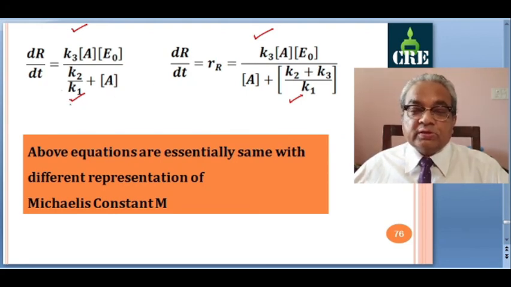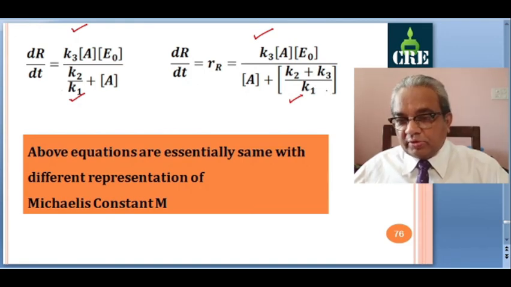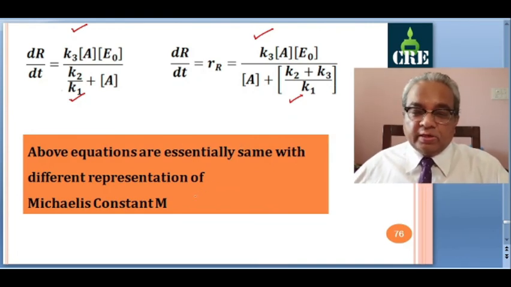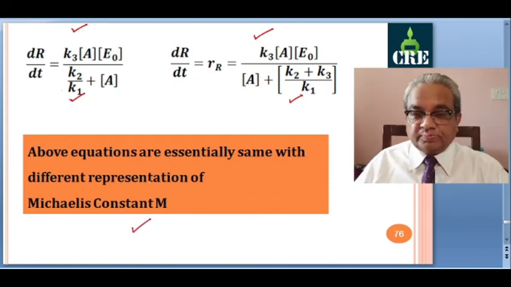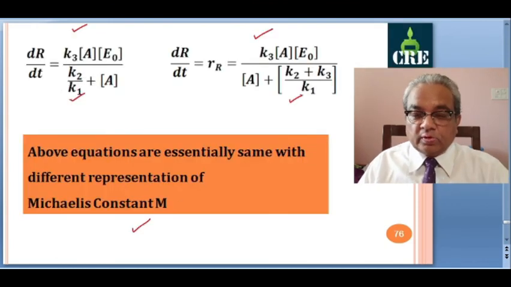What is the change with the two different assumptions? Only the representation of the Michaelis constant is different. Our assumption is a little bit different, but the equations are essentially the same and they represent similar kinetics.